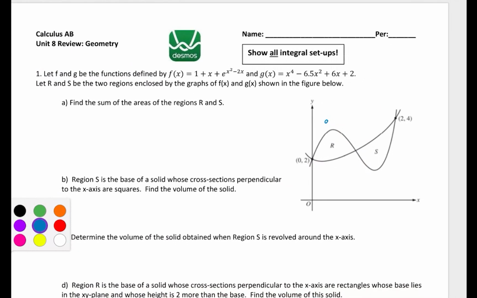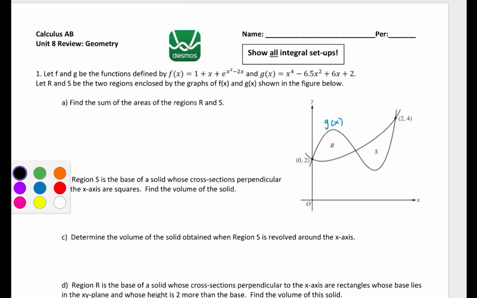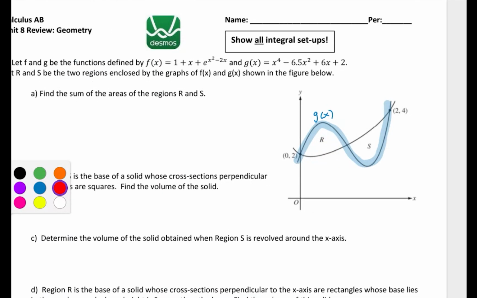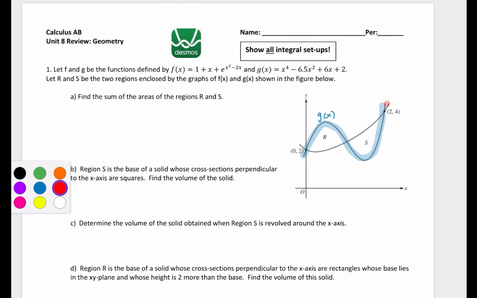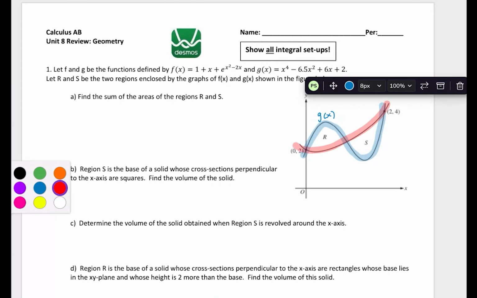So this one's g of x. And maybe I'll even highlight it so that it's real clear. And then the other one was f of x, and I think it was in red. Yeah, so this one right here, that is my f of x.